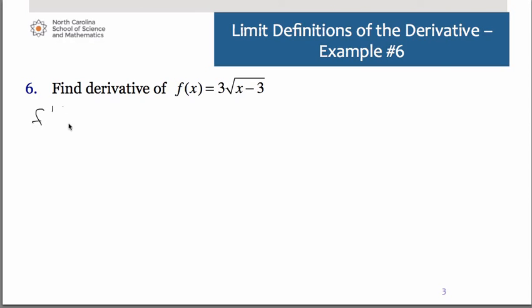So we have f prime of x will be the limit as h approaches 0. So remember, the first part of the numerator requires us to do f of x plus h. So in place of that x, we need to put x plus h.